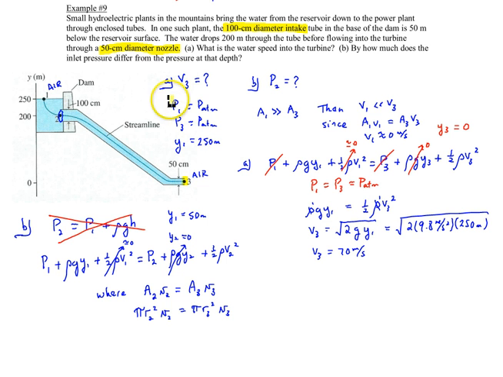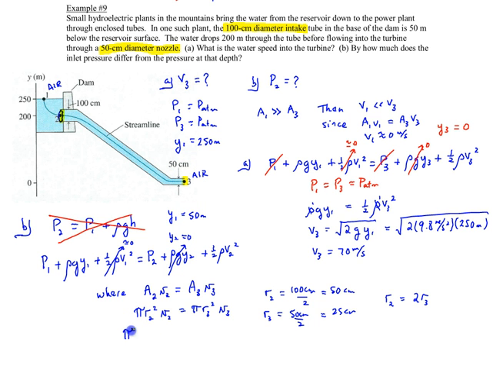So there's number 3, and then this is the beginning at number 2. So we have a radius 2 of 100 centimeters divided by 2 because they give you the diameter, so that's 50 centimeters. And then we have a radius number 3 of 50 centimeters divided by 2, which is 25 centimeters. Regardless, you could just say that radius 2 is twice radius 3 at the exit nozzle at number 3. And so you could replace that into here.